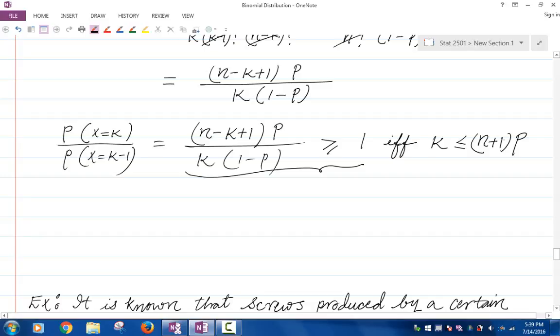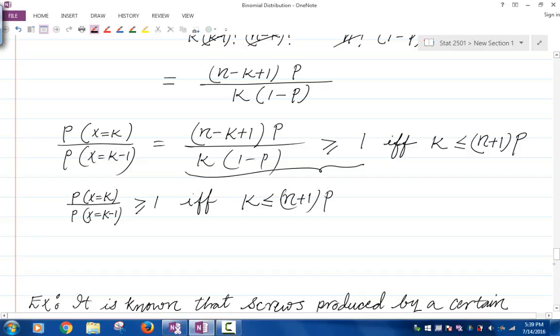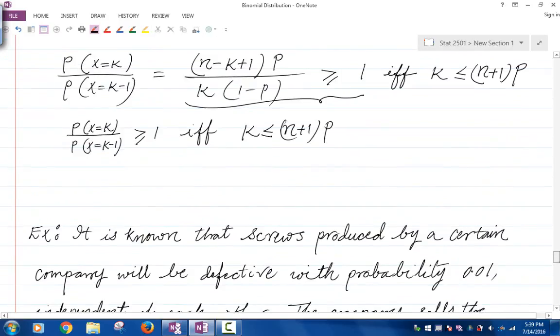Okay, so basically what we are saying is that the probability that x is k divided by the probability that x is k minus 1 is greater than or equal to 1 if and only if k is less than or equal to n plus 1 times p.